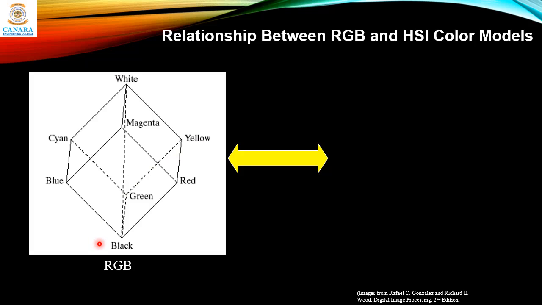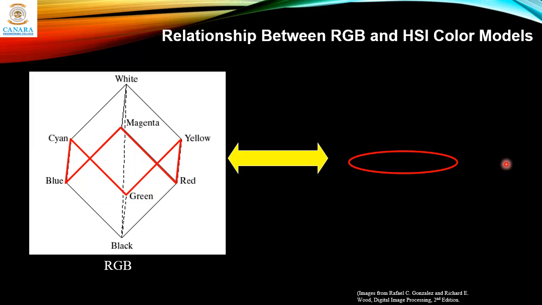Now how to translate this information into HSI model? So we'll concentrate on this red line. So blue, green, red, all are there, and then we have yellow, magenta, and cyan. So additive primaries and subtractive primaries both are there on this red line.